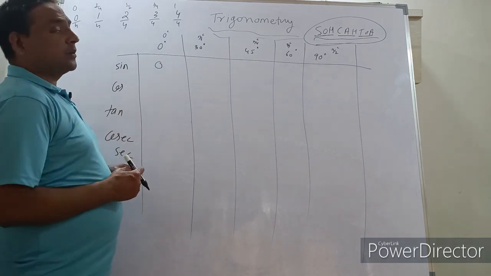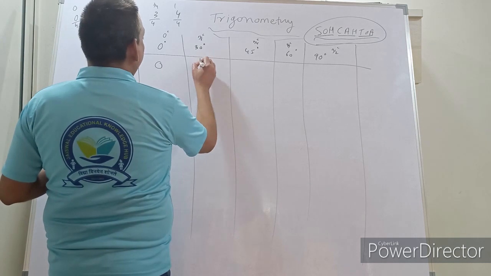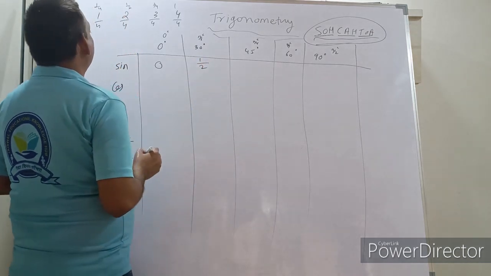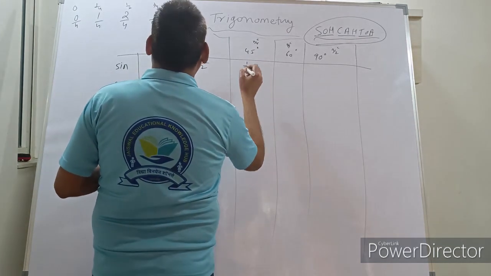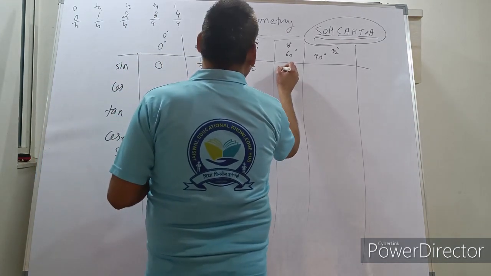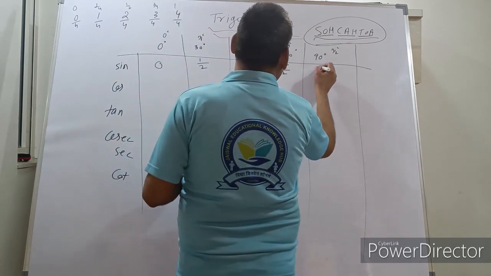The square root of 1 upon 4 is 1 upon 2. The square root of 1 upon 2 is 1 upon root 2, and 3 upon 4 becomes root 3 upon 2, and the square root of 1 is 1.